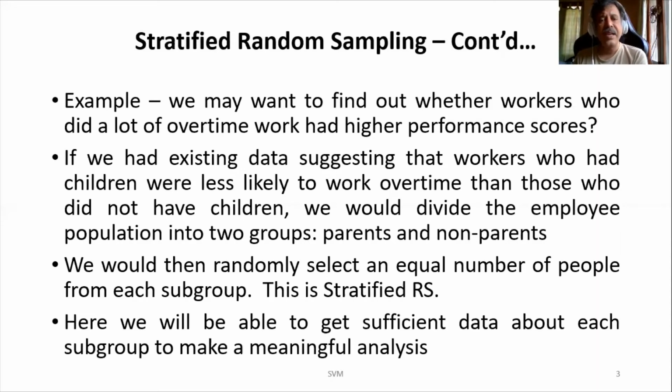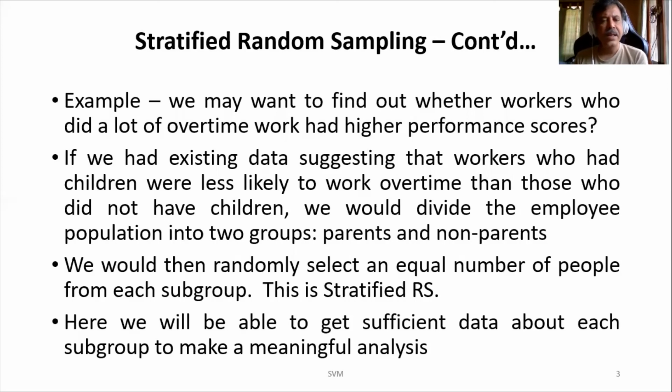If we had existing data suggesting that workers who had children were less likely to work overtime than those who did not have children, then we will try to divide the employee population into two groups: parents and non-parents. We would then randomly select an equal number of people from each subgroup. This is basically your stratified random sampling.